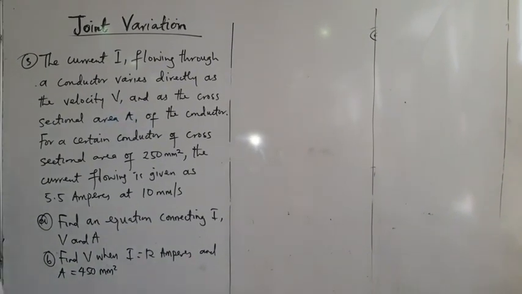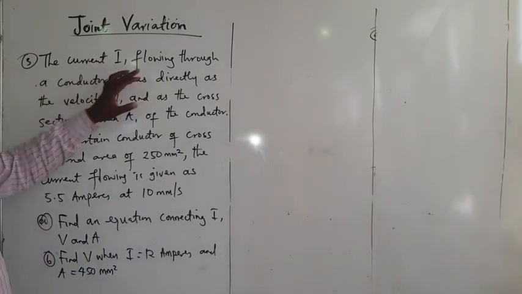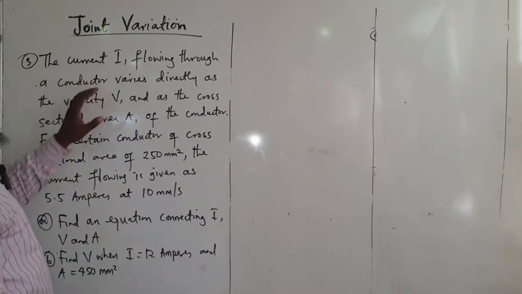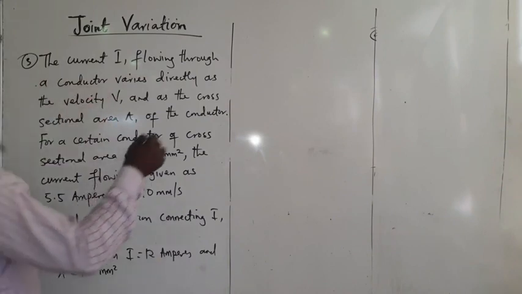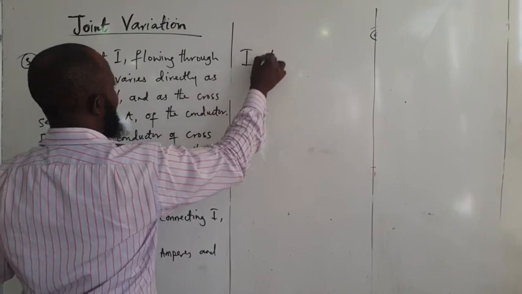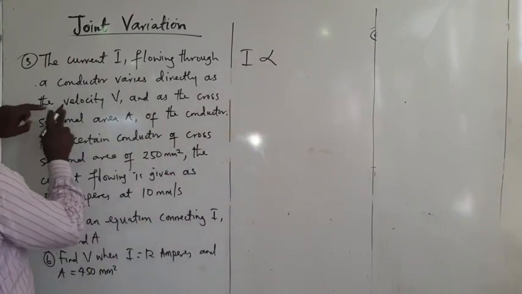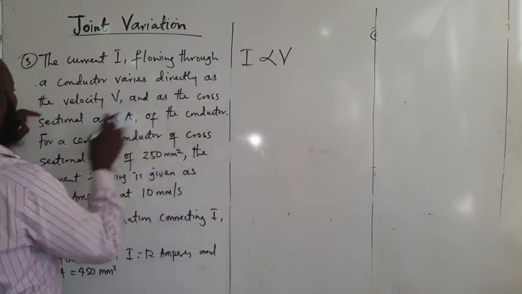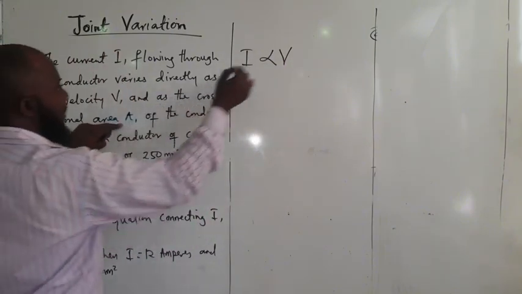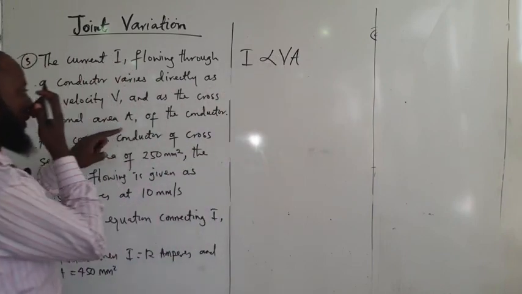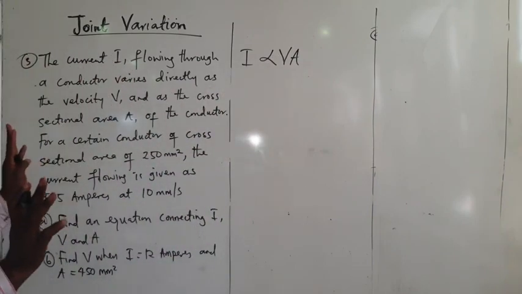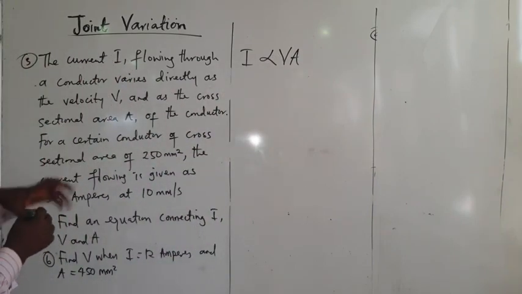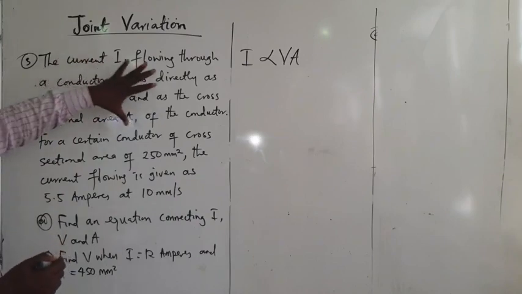So we have the current I flowing through a conductor varies directly. So that means I varies directly as the velocity V, and as the cross-sectional area A of the conductor. So we have interpreted it. So don't be scared with the wordings.